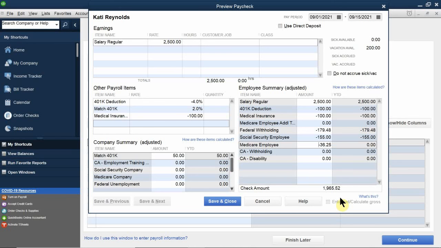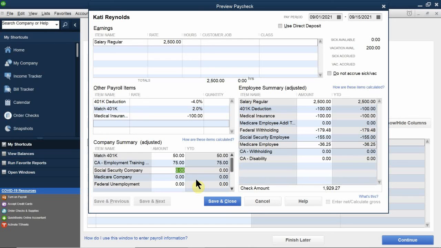So that's how you figure out the employee's taxes. You also have to contribute your share for the employer's taxes. So in this case, California unemployment, I believe we learned this as 3%. So 2,500 times negative 0.03, which gives you $75.